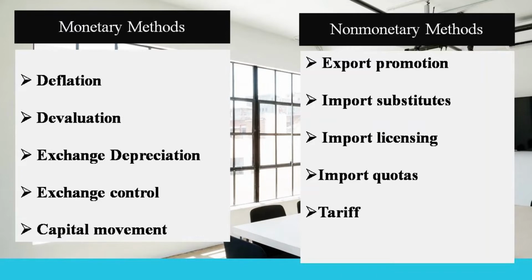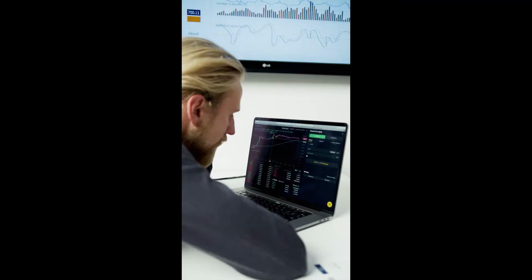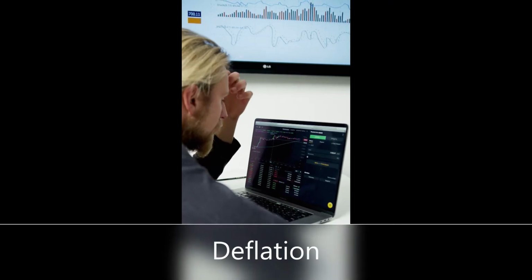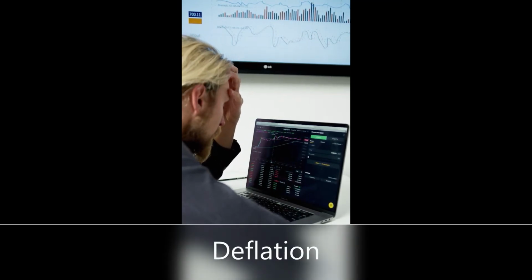Some of the monetary methods are deflation, devaluation, exchange depreciation, exchange control, and capital movement.